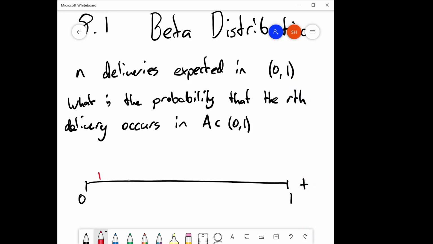You've got some deliveries, and then you've got your set A, let's say it's this, and you want to know what's the probability that the rth delivery, ordered based on when they arrive, is going to lie in your time interval.